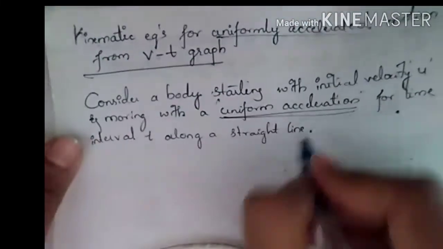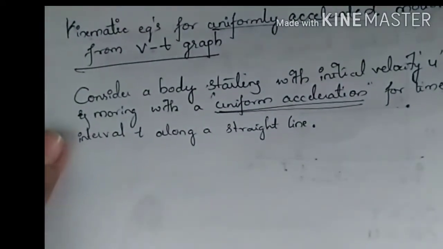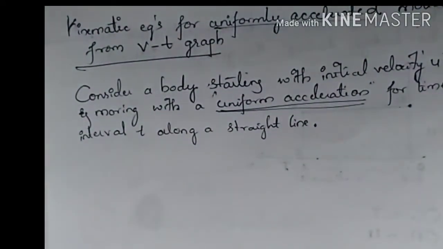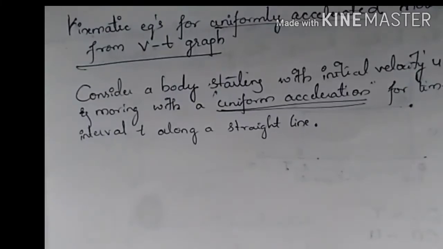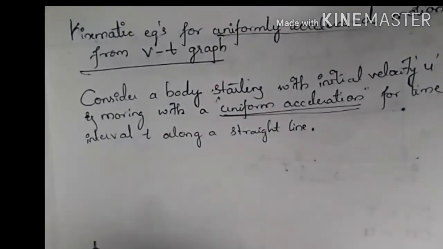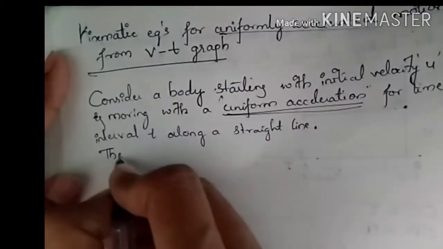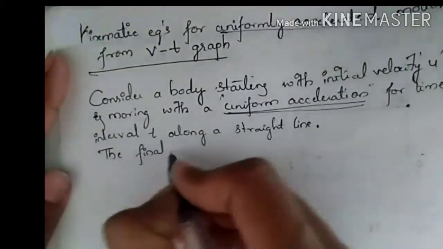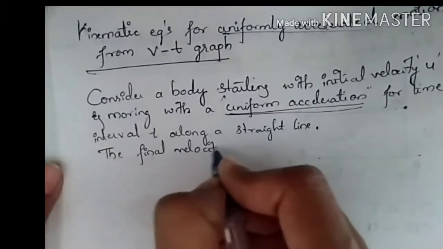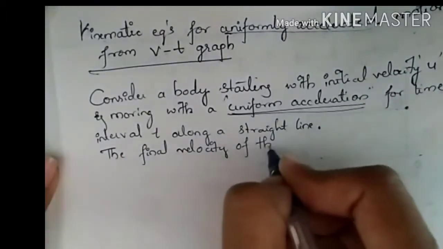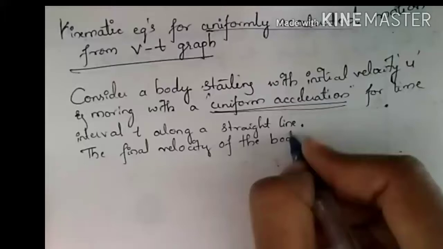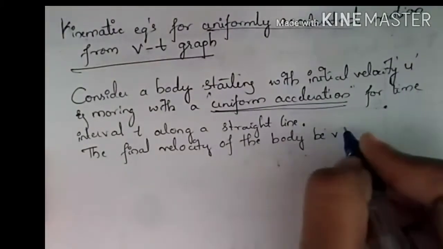So if this is the motion of a body in a straight line, then the final velocity of the body will be what? It will be v. The final velocity of the body be v.